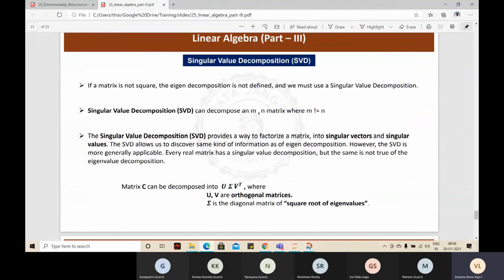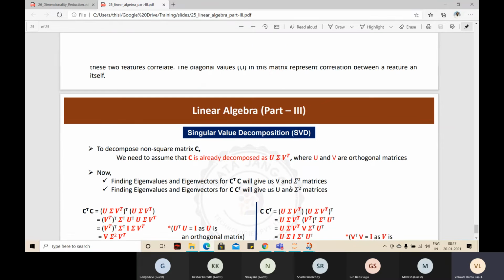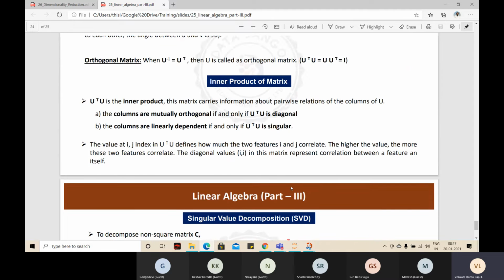To achieve that, you need to find U, sigma, and V. To find them, you take C transpose C and apply eigenvalue decomposition, and take CC transpose and apply eigenvalue decomposition. You will be able to find V, sigma square, and U. You apply the square root to the values of sigma square, and you get sigma. Did we get the decomposed matrices U, V, and sigma?